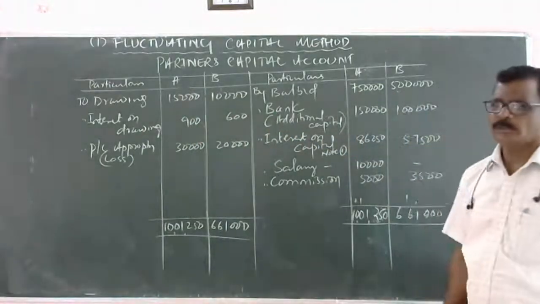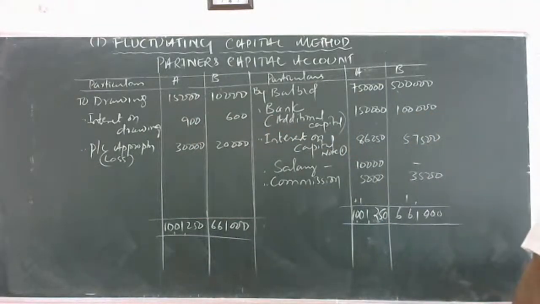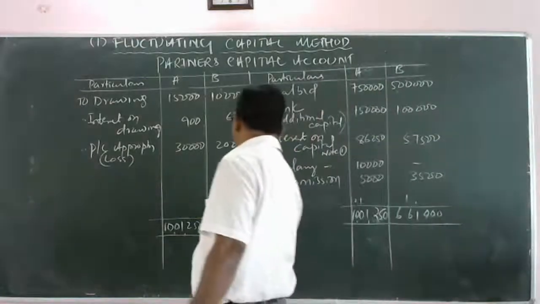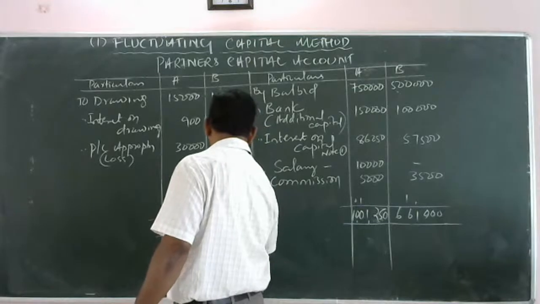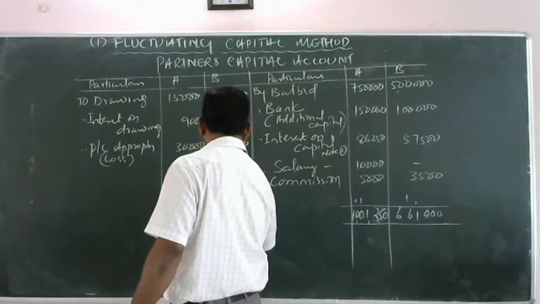Right? So the balance should be here 6,30,400.